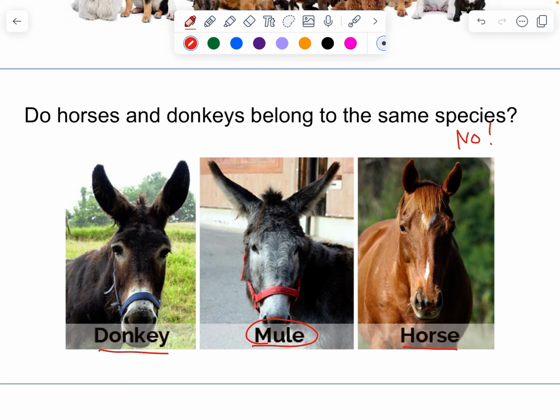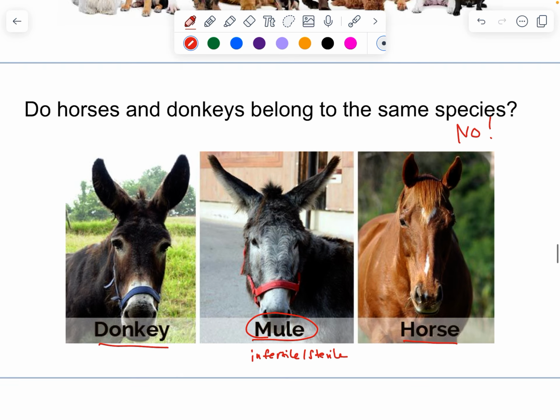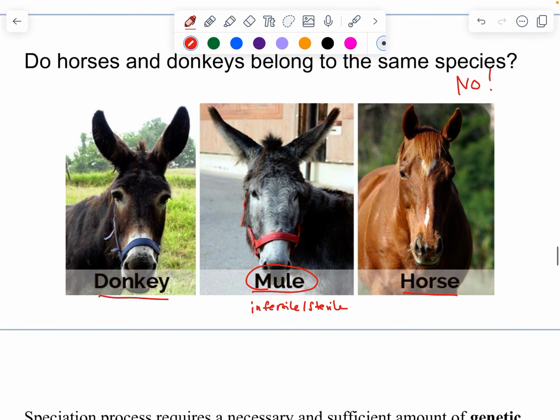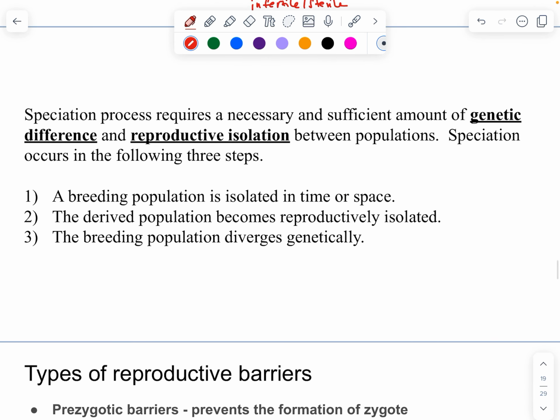Okay, but mules are healthy and they're very useful for farming or whatever other purposes that humans use them for, but they are infertile. They are sterile. They are not able to reproduce. Since donkeys and horses cannot produce fertile offspring, we categorize donkeys and horses as 2 separate species.